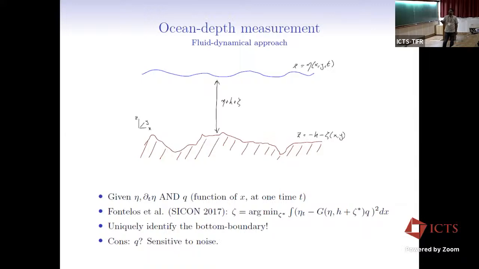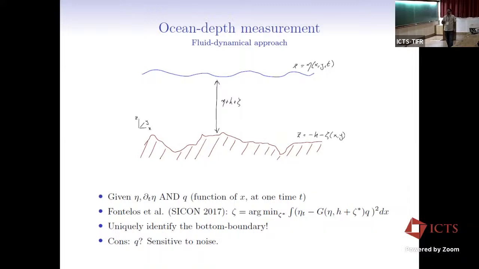What is this minimizing? It's saying that G should map the Dirichlet condition to the Neumann condition. You're given the Dirichlet, you're given the Neumann, you choose a zeta, you see if that works. If it doesn't, update your zeta. Do some sort of gradient flow. That's essentially what this is saying.